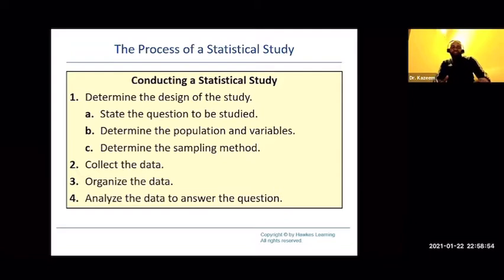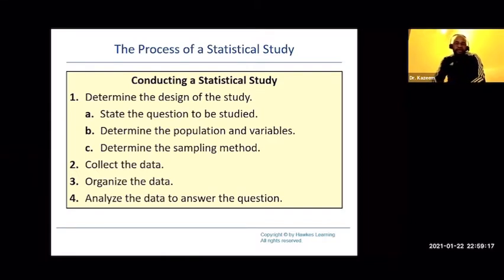Now the third one said determine the sampling method. I told you the other time, if we identify the population, we don't carry out 100% enumeration because we don't have time for that. Because of that, we normally take a sample, and I define a sample as a subset of a population.